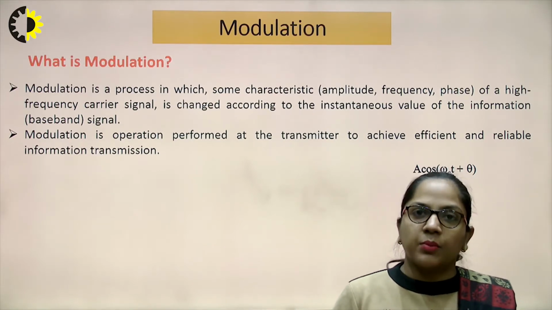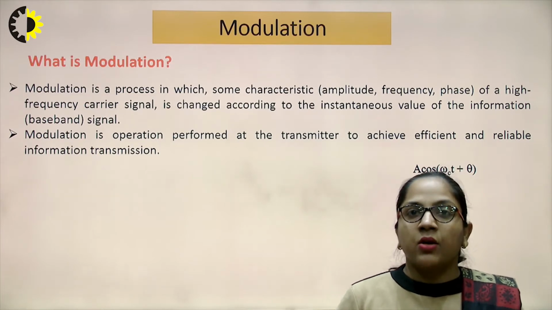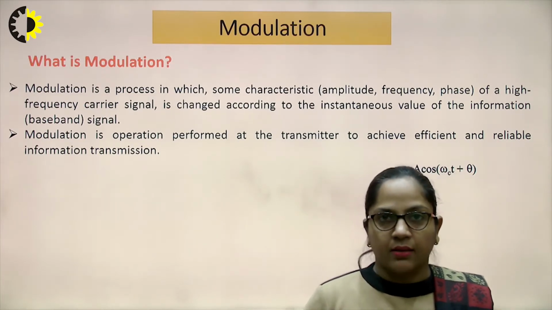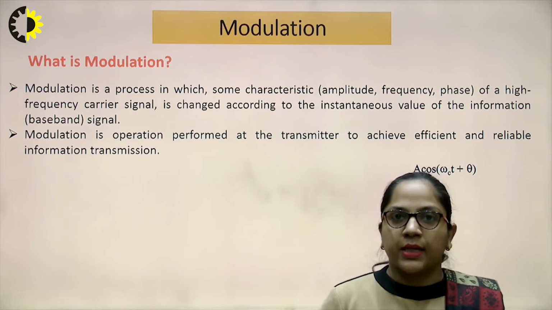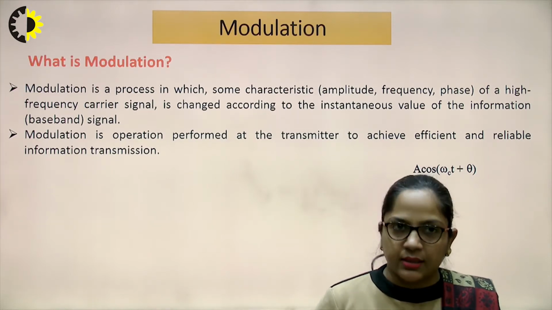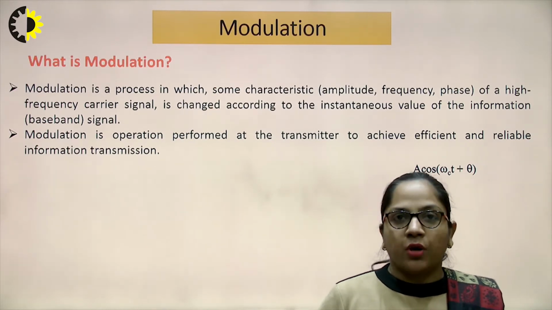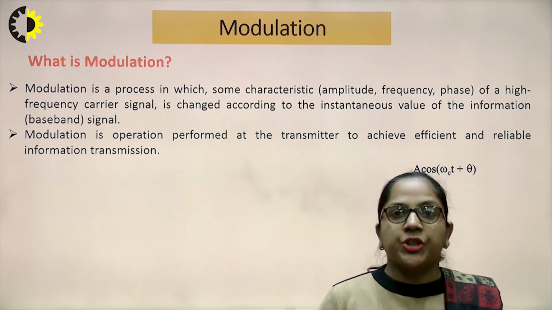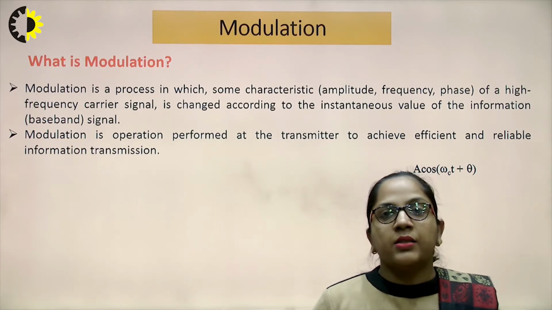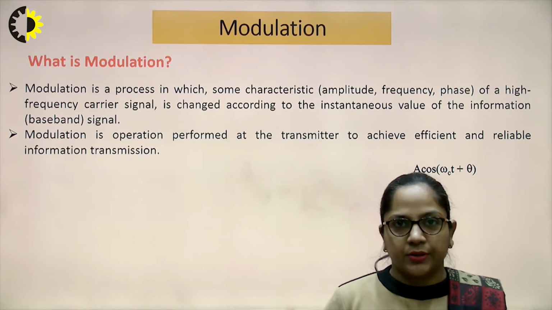So what is modulation? It is a process of varying some of the properties of a high frequency carrier signal according to the instantaneous value of the message signal or the information signal. Modulation is a process that is to be performed at the transmitting side to achieve efficient and reliable transmission of the information from one point to another point.